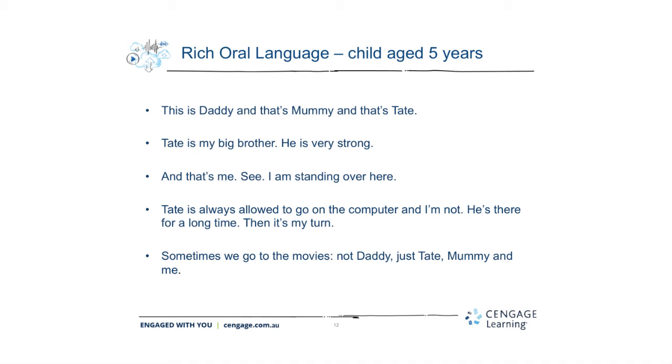Then the teacher had said to the child, "Tell me about your family." And this is what this little girl said. Now, she'd only drawn the people in her family. I wonder if you can tell me, as you read through that, something about what the little girl said. But what she's doing is bringing into her speech things that weren't in the picture.